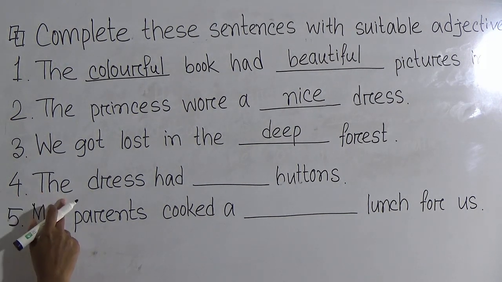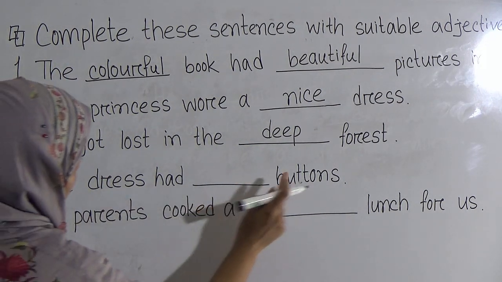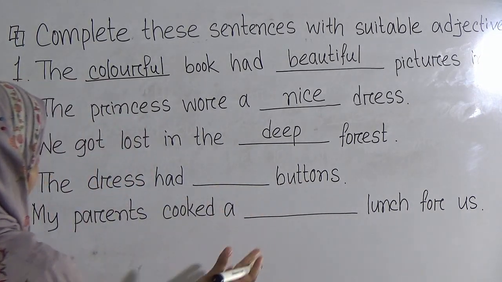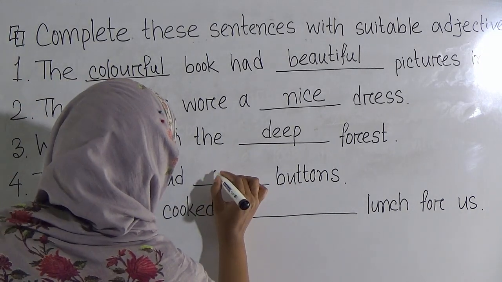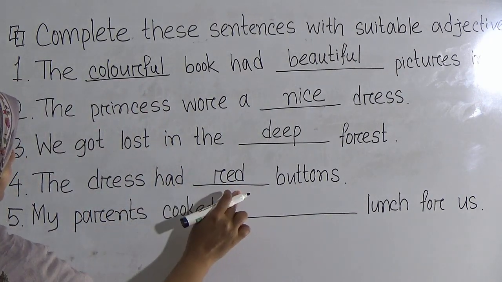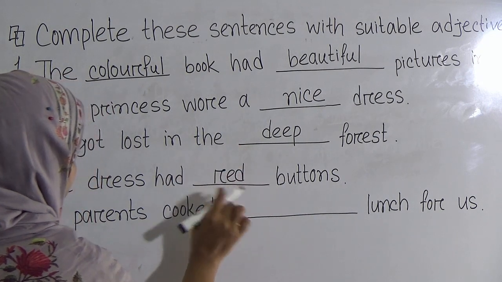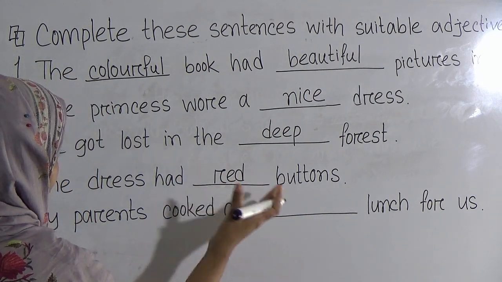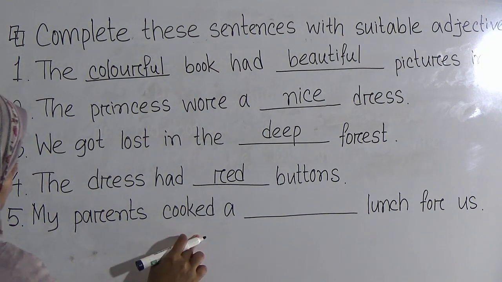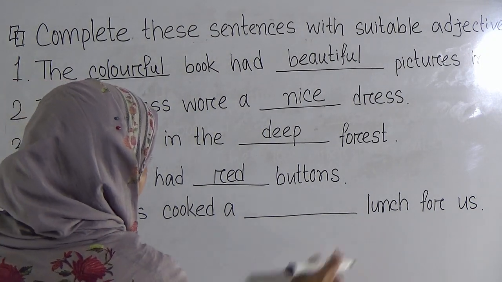Number 4, the dress had dash buttons. So you can write here yellow, red, anyone. I am writing here red. The dress had red buttons. This is an adjective, so you can write any color. Number 5, my parents cooked a dash lunch for us.